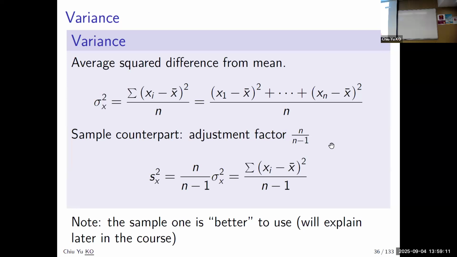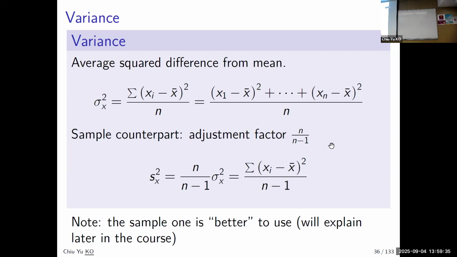So variance is always defined by this formula. Always. Okay? But if you try to collect data and use the data set to calculate the variance, to guess what's going on, you have to use this formula.